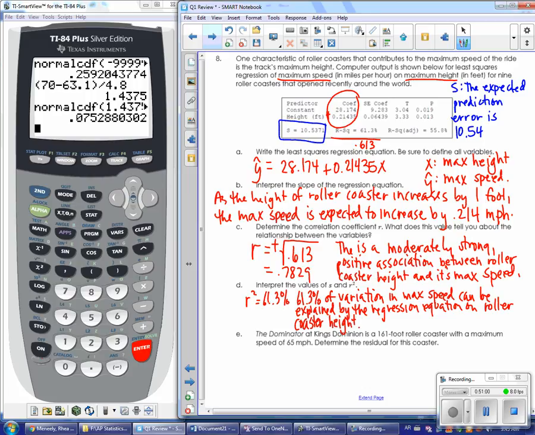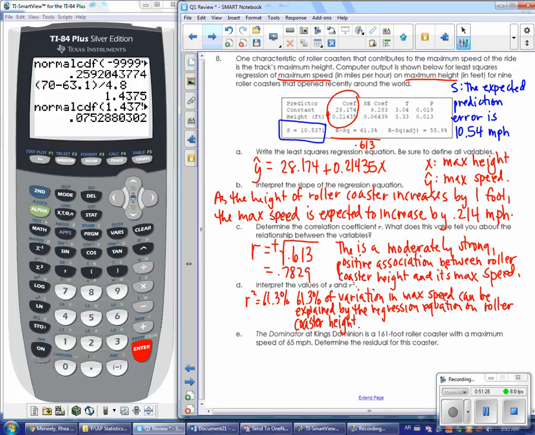And this is going to correspond to my y values because we're talking about the residuals. So we're talking about miles per hour. So on average, and this might be a better way to say it, my equation is going to be off in its predictions by about 10.5 miles per hour. And it's up to you to conclude whether or not that's too big or too small. It's hard to tell when you don't have a scatter plot. I believe in the next section you'll see the residual plot, and so that'll help you draw some more conclusions.